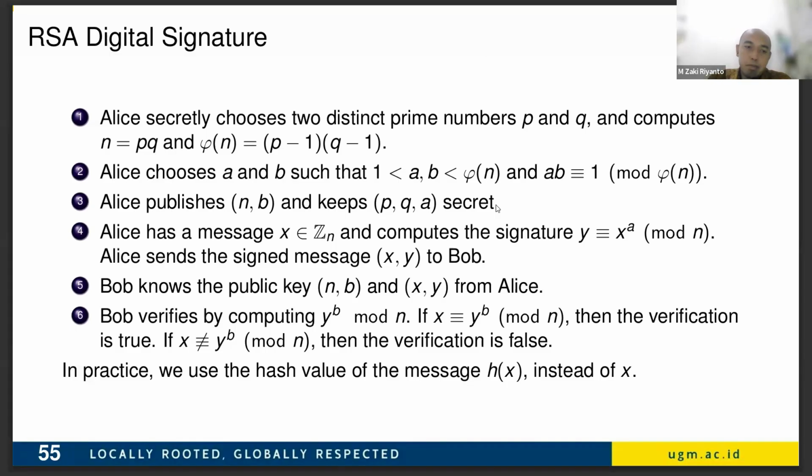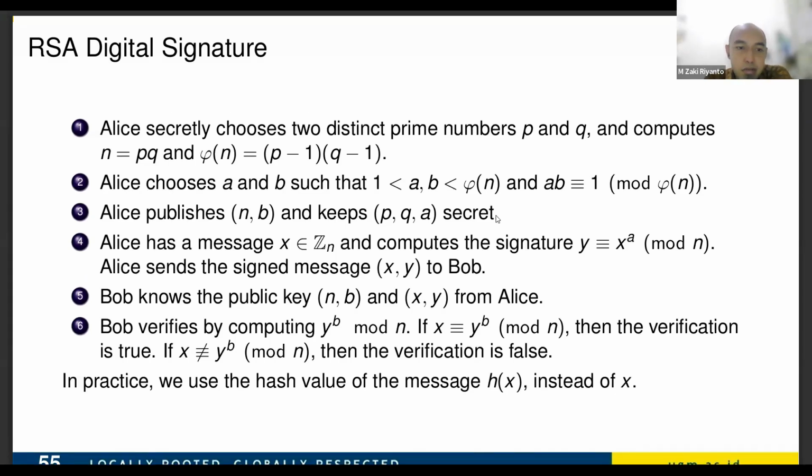In here, Alice wants to sign a message, so Alice chooses two distinct prime numbers P and Q, and Alice computes the value of n, that is PQ, and also the value of φ(n), the Euler phi function, that is (P minus 1)(Q minus 1).